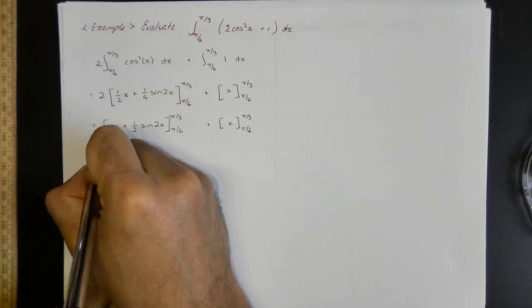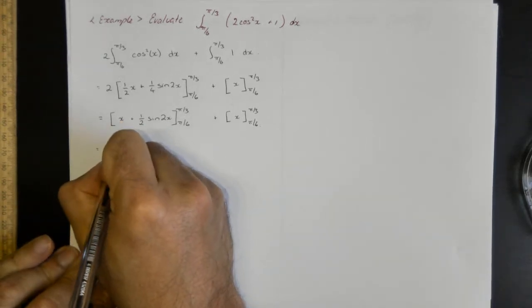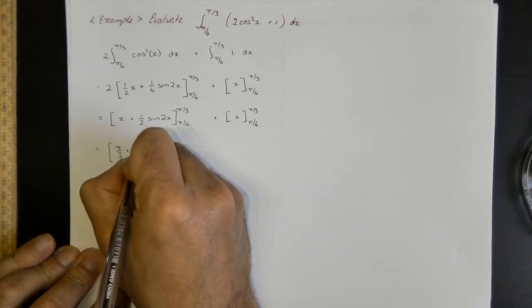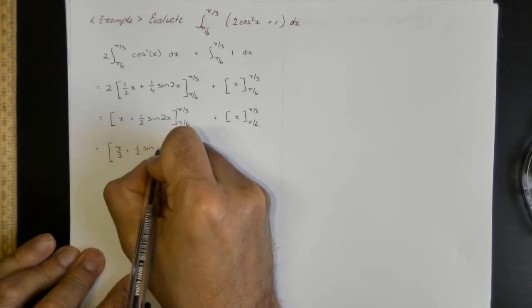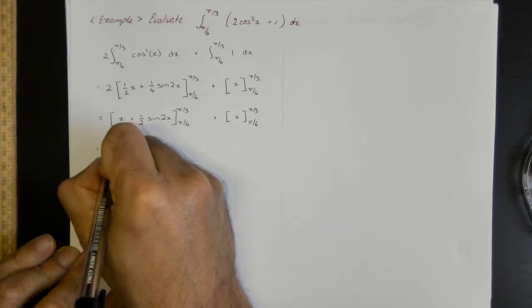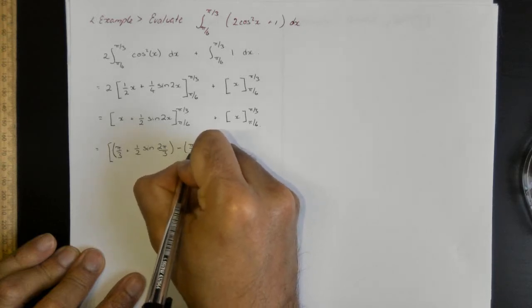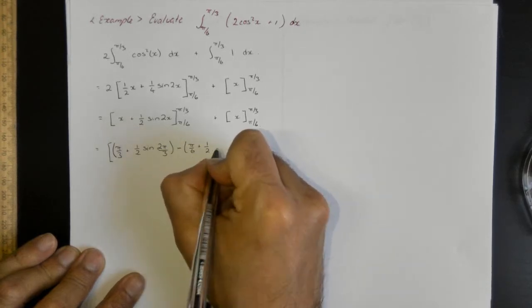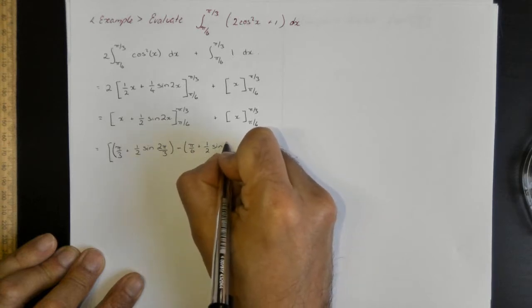Okay. Subbing in our values. What I'll actually write down is 2 pi on 3, and that's going to be pi on 3.